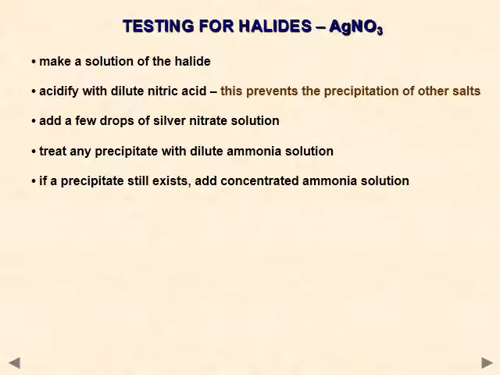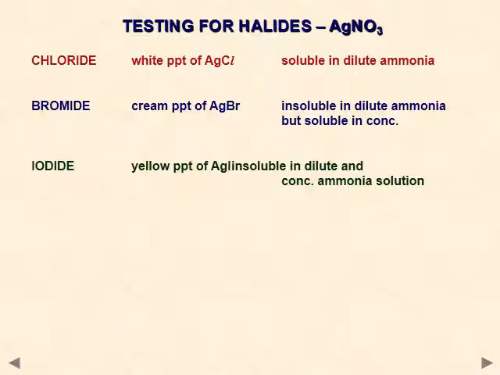Another step, so we can use two reagents. The second reagent can further confirm, although the color changes and the formation of the precipitate and its color show that it's chloride, bromide or iodide, we can even further confirm which one it is by adding dilute ammonia solution to the precipitate.